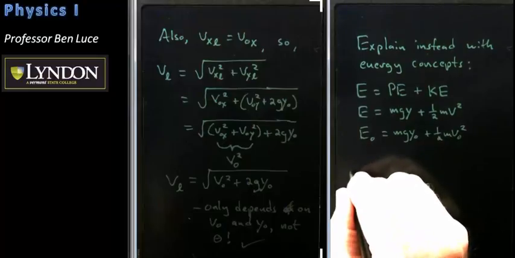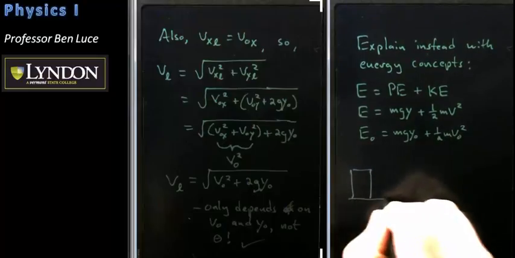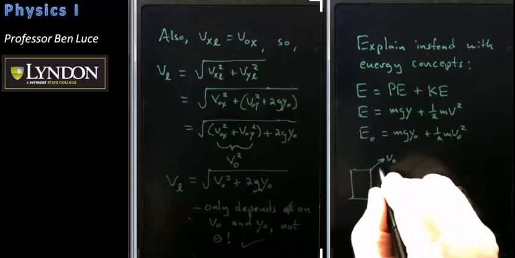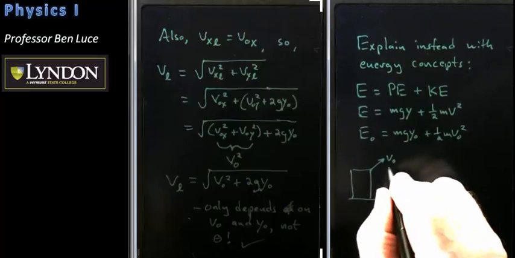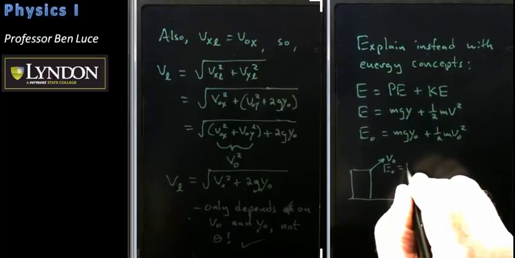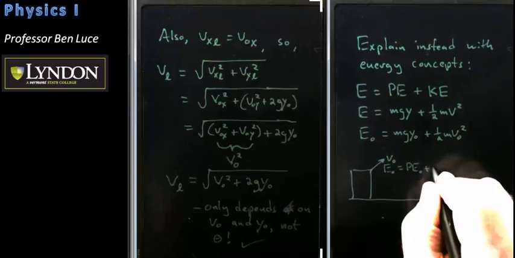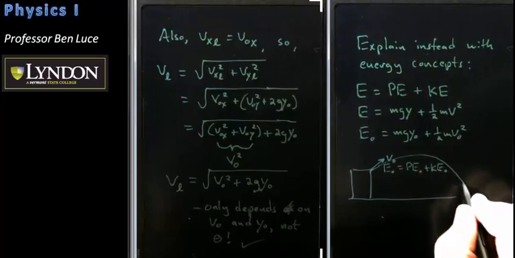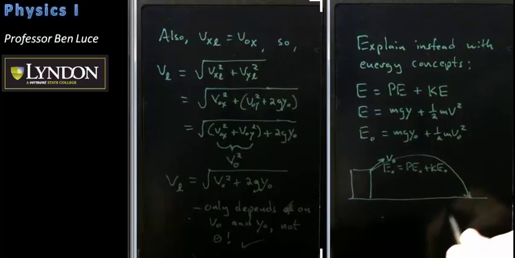What that means is, at the top here, our projectile, which is being launched at some angle with some v naught, will have a certain amount of kinetic energy and a certain amount of potential energy. And as it flies through the air, that total amount of energy won't change.